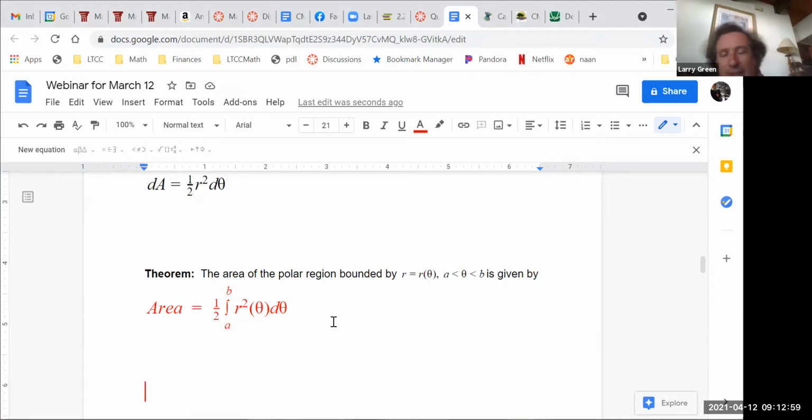So I made it look a little fancier instead of just r squared, because remember, r is a function of theta. So this is just emphasizing that r is a function of theta. And I pulled the 1/2 out. You're always allowed to do that with integrals. So that is the big theorem for polar coordinates and area.